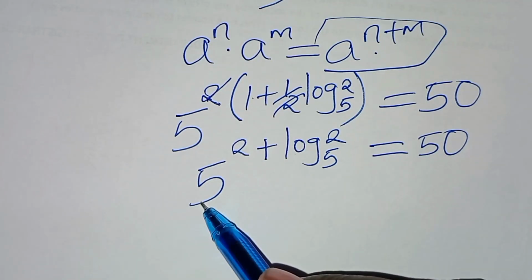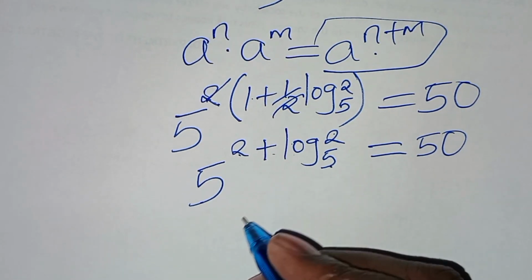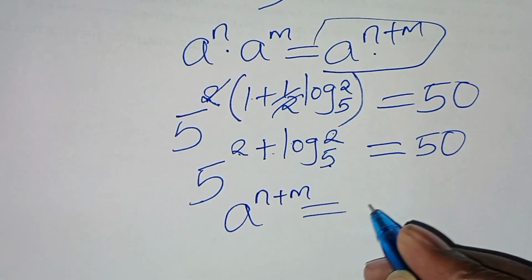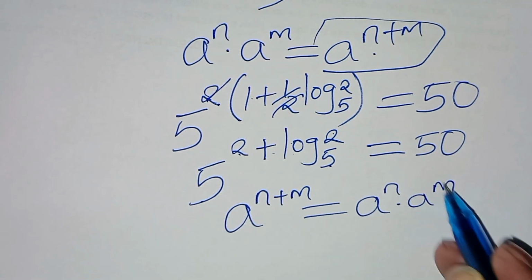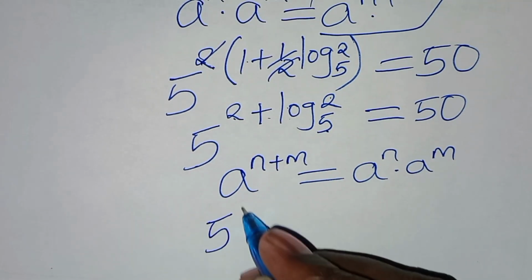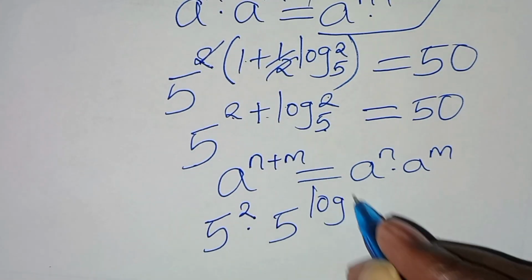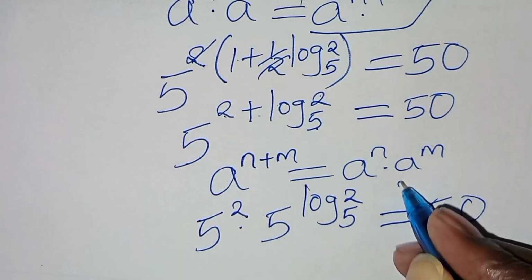Now we have 5 to power 2 plus log 2 to base 5. This is again in the form of a to power n plus m, which we can express as a to power n multiplied by a to power m. So let's transform in this way. We'll have 5 to power 2 multiplied by 5 to power log 2 to base 5, which should give us a value of 50.